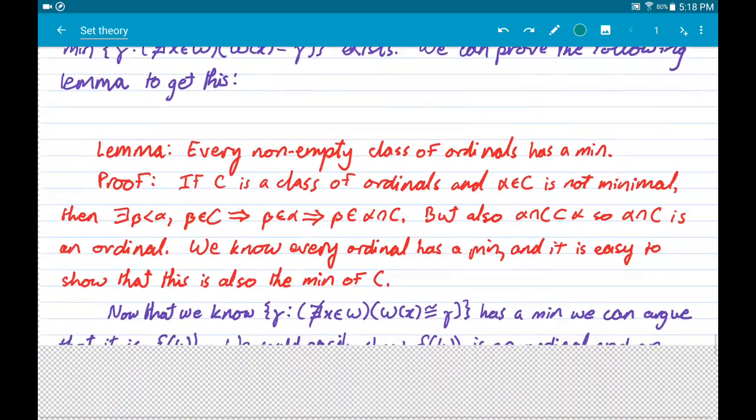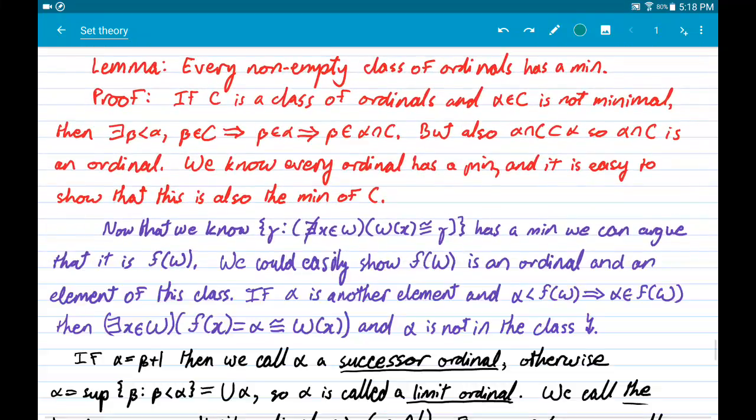The proof goes quite a lot like a proof given not long ago, namely, we take any non-empty class of ordinals, and then we can pick any arbitrary element, call it alpha. If it is minimal, we're done. If it's not, then we know there is something less than it, call it beta, and that is also in C, by assumption.